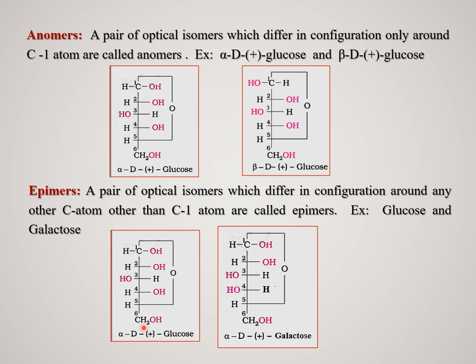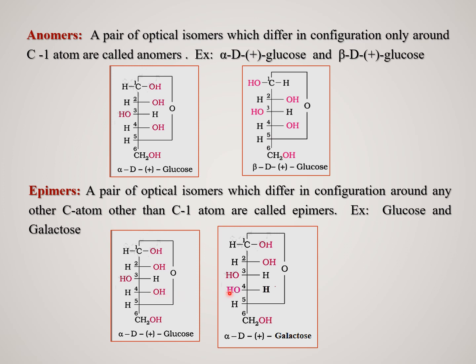Now we are going to observe the formula for alpha D plus galactose. This is an epimer of glucose because it differs in the configuration at carbon 4. Can you check that out? The fourth carbon atom in glucose has H to the left, OH to the right.